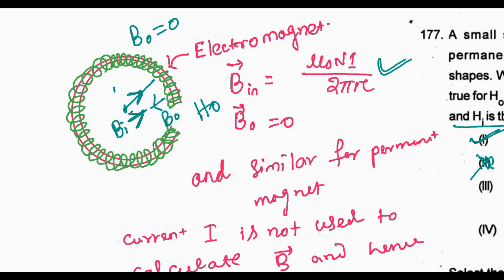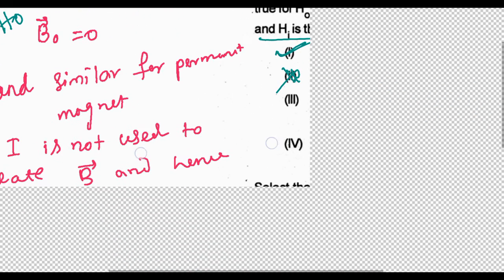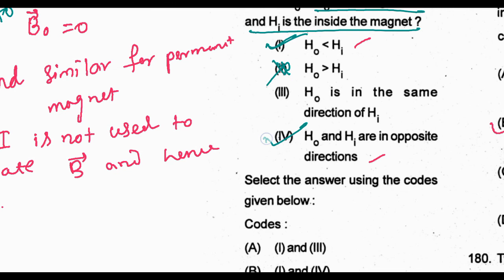That is why this B output is opposing B input. Both are opposing each other, so at this point this is 0, and at this point B out is 0, and Bi is maximum. So we can say that H0 and Hi are in opposite direction.